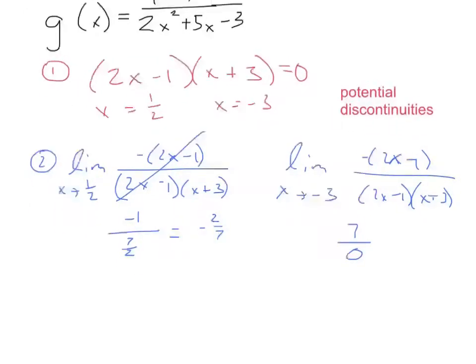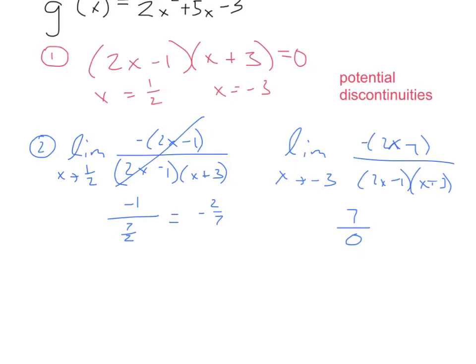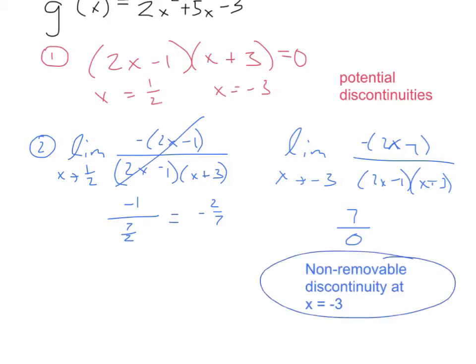As soon as we see that this limit didn't exist, we know that there's a non-removable discontinuity at x equals negative 3. Like that's set, that's done. I don't even need to do any more work with negative 3. We've already figured out what happened, right? On the other side, there's a little bit more work to do. We noticed that this limit here existed, right?